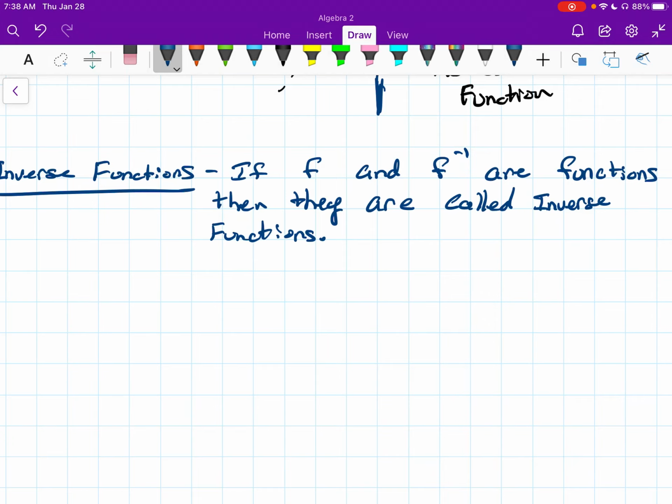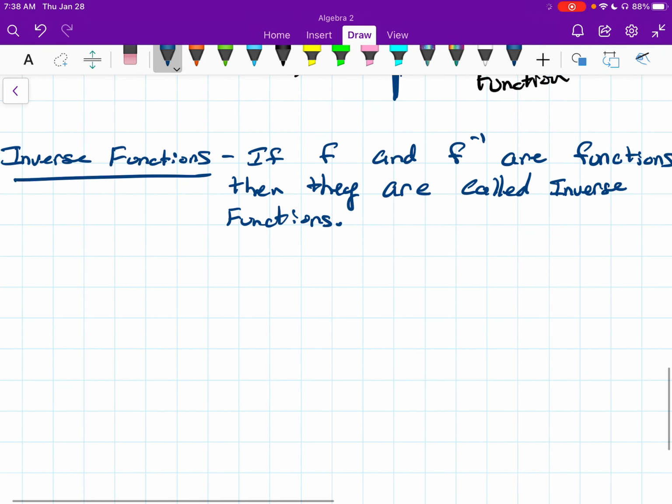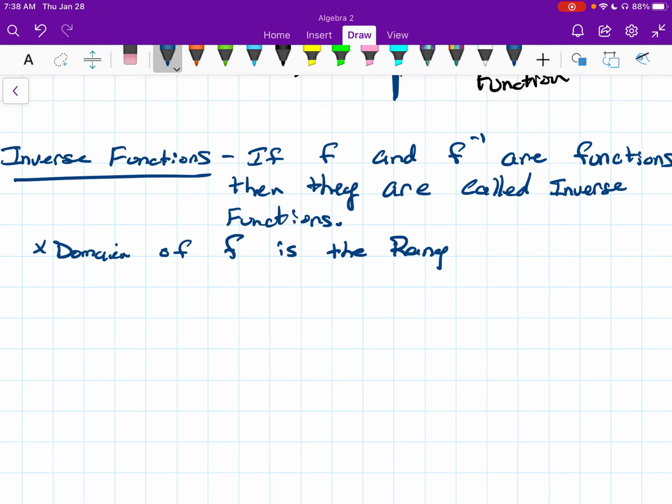Right? So here we're saying that they have to both be functions, right? And then we say explicitly the domain of f is the range of f inverse, right? We kind of already said that, but I didn't write that down. And then we also say the range of f is the domain of f inverse.